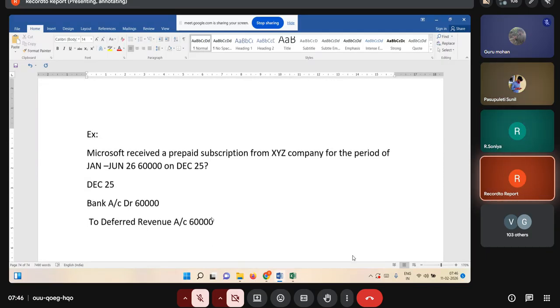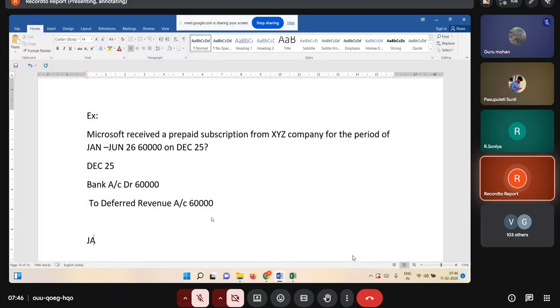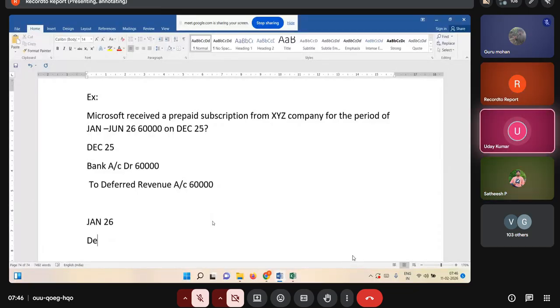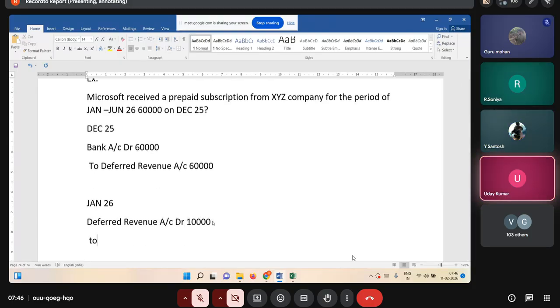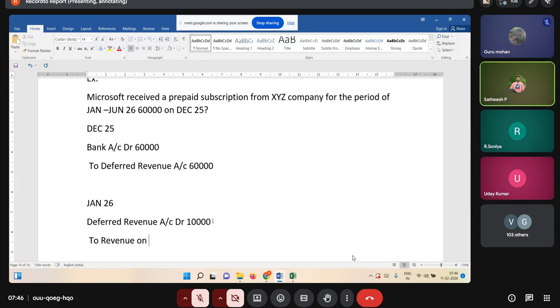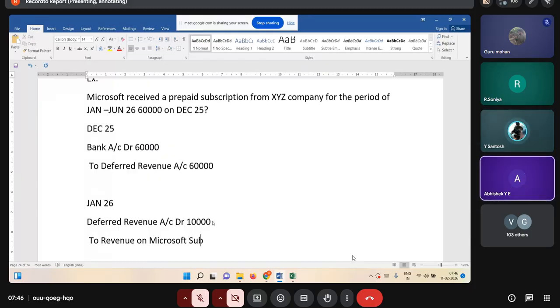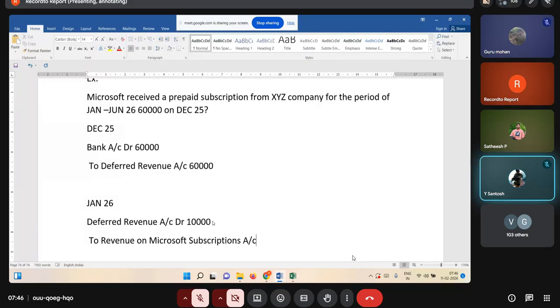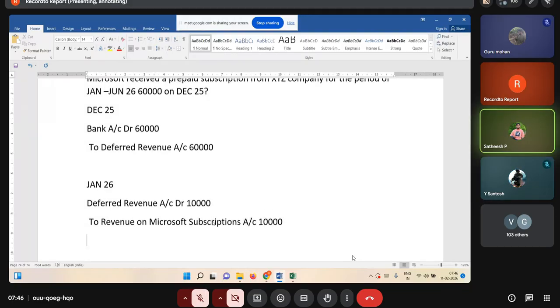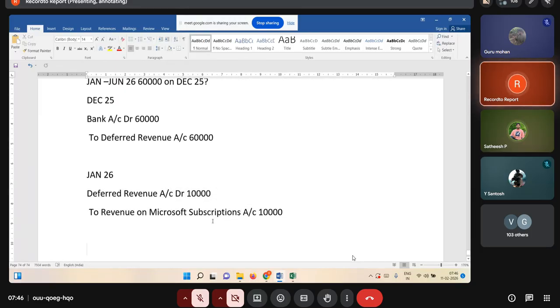In the month of January, what entry they have to record? Deferred revenue account debit 10,000 to revenue on prepaid subscription, Microsoft subscription. So this entry is to be recorded in the month of Jan to June.